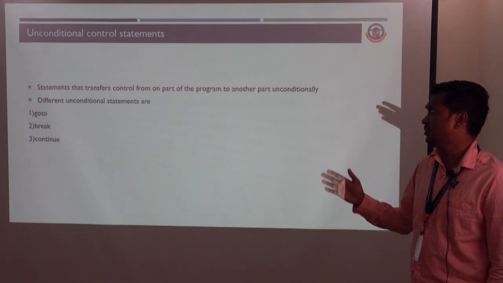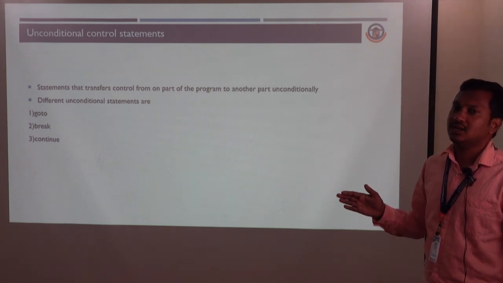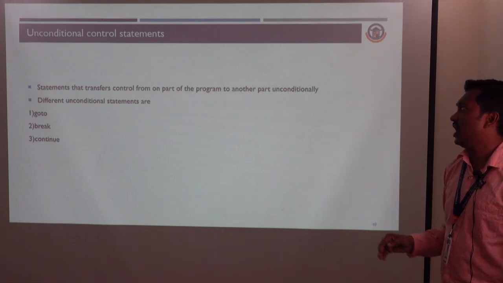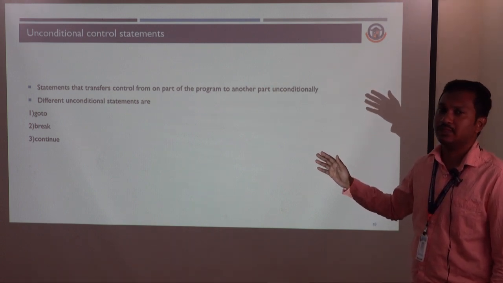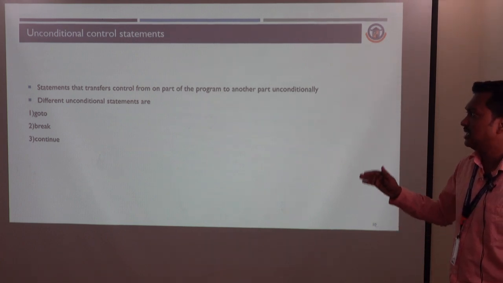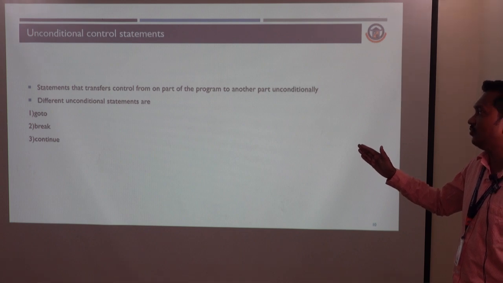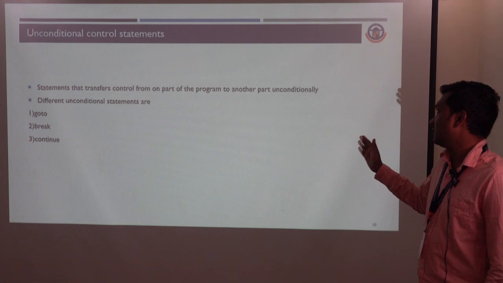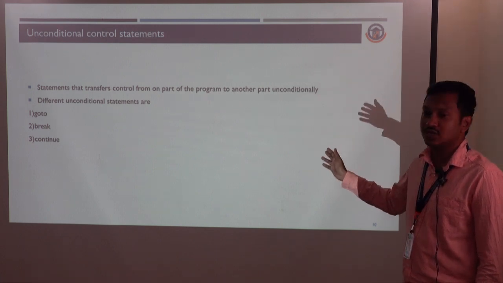Previously we saw the conditional looping statements. Now we see the unconditional control statements. Unconditional control statements are the statements that transfer control from one part of the program to another part continuously.